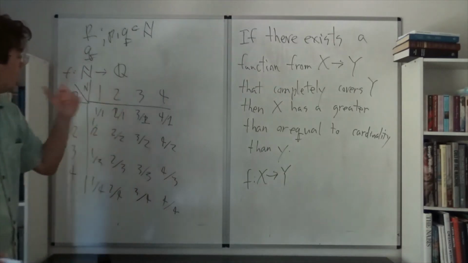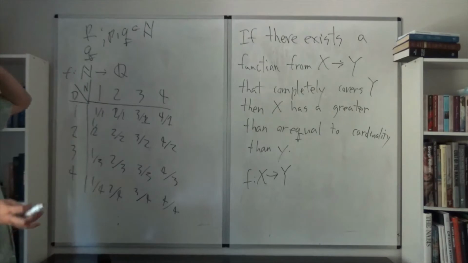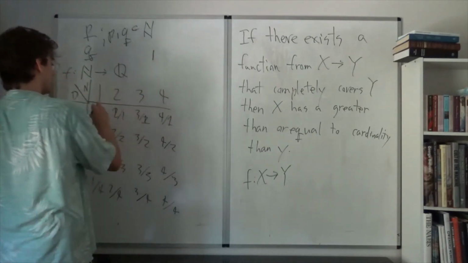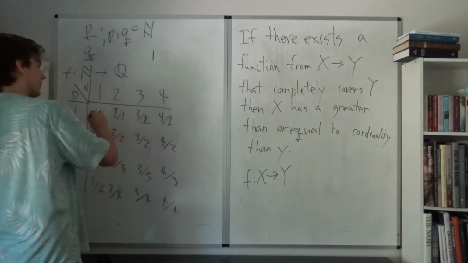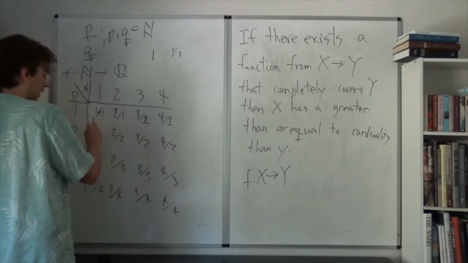How do I cover this with all the natural numbers? Pretty straightforward. I take 1 and put it right here, pairing it up with this guy. Then I start over here and go like this.